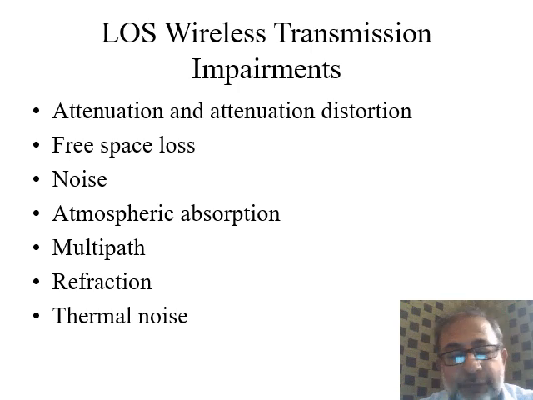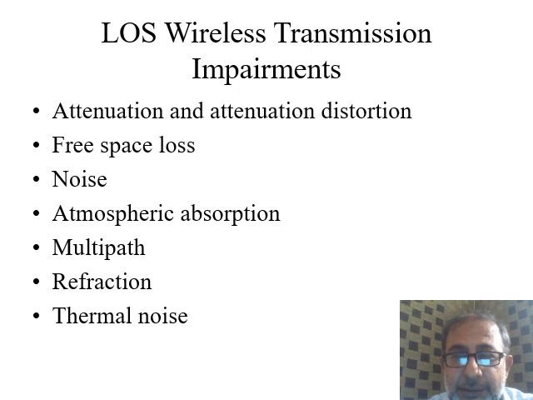And then we have got one more thing, which is multipath. Multipath is the reflection of our main signal from walls and floors and other things, and in this way, the signal that reaches our receiver is not a single signal.